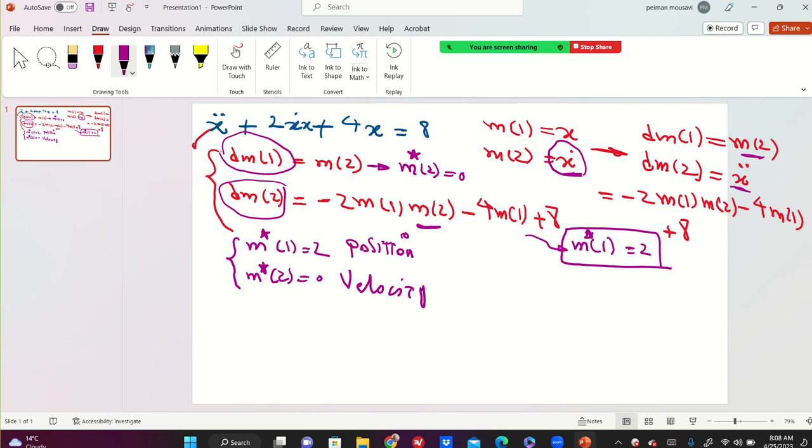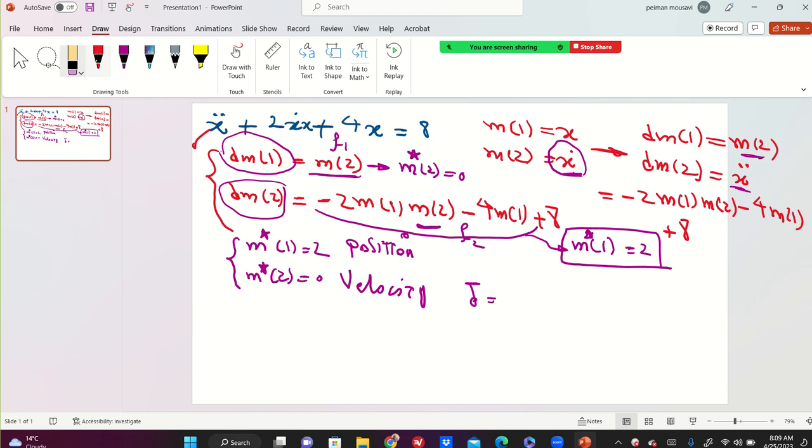After finding that, I told you that you have to find the Jacobian matrix. We name the right-hand side F1 and here F2. Remember from the previous class?